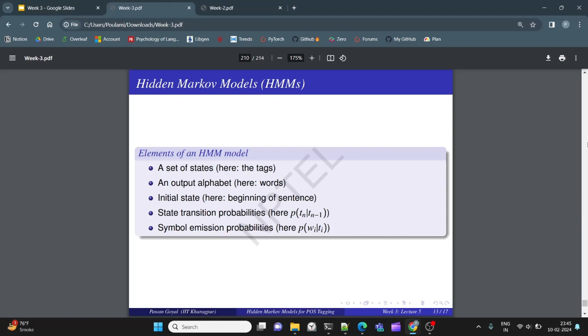What are the probabilities of transitioning from one hidden state to another hidden state? That is the probability of transitioning from one tag to another tag. And what is the symbol emission probability? Here it is the probability of wi given ti. What is the probability that the tag or hidden state ti will emit the output symbol wi? That is what it means.